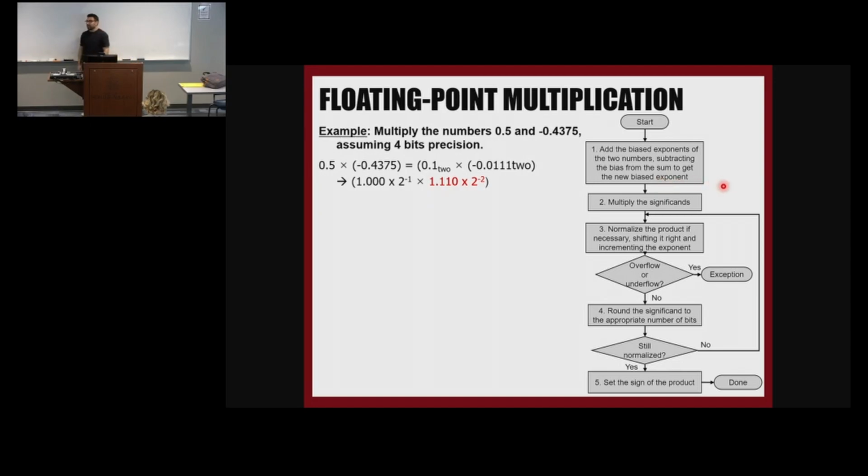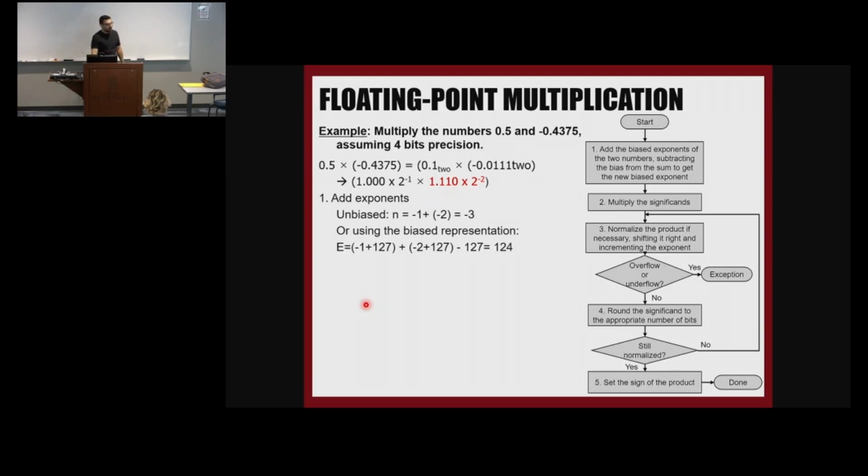So these are the terms that you need to know. If we have an unbiased exponent, this is what you're seeing here, -1, -2. When you want to have a biased exponent, you have to add the bias to it, and the bias is 127. So you add the bias to both of these numbers, and then you subtract 127 to get the biased number. Because you're adding two biases, you just take one of them out. So this is what's going to happen.